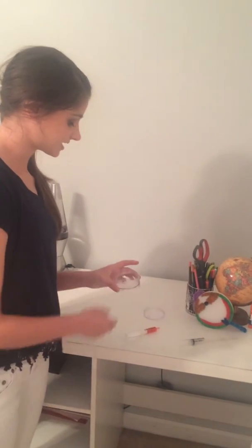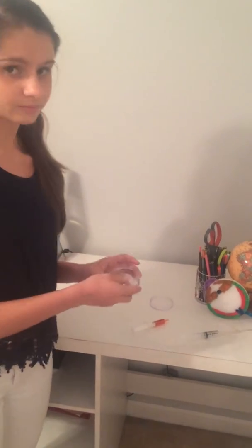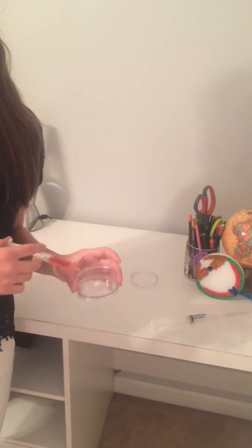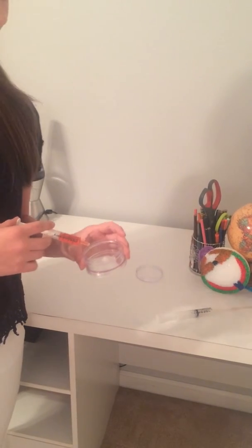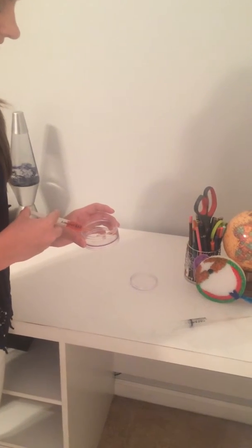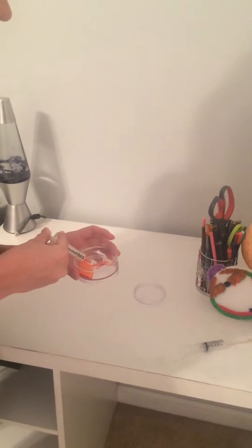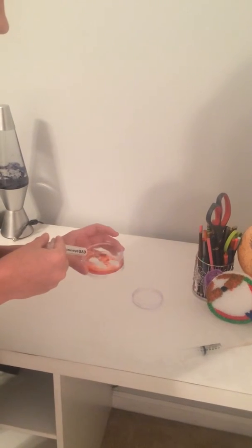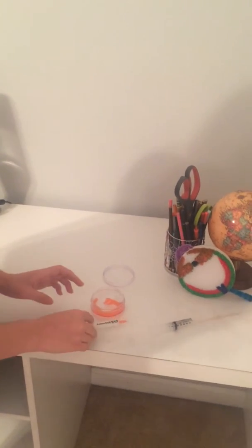So this is my cells in my petri dish, taken or removed from my eye, and this is the AAV vector, the adeno-associated virus vector, which is the red stuff, and I'm going to expose it to the cells. This will not be accurate, but okay, so that is exposed.